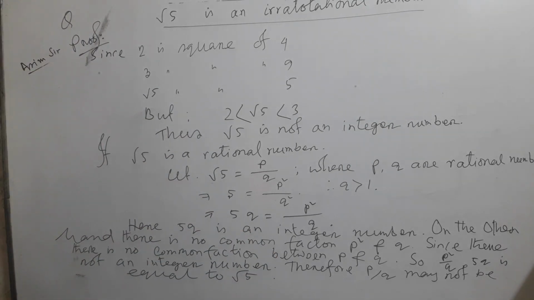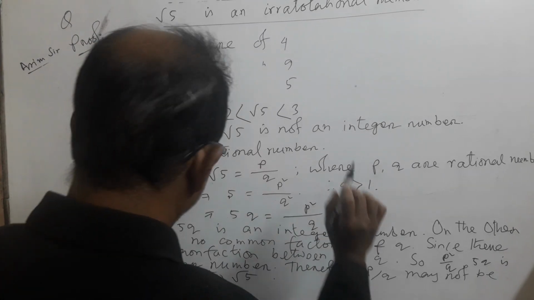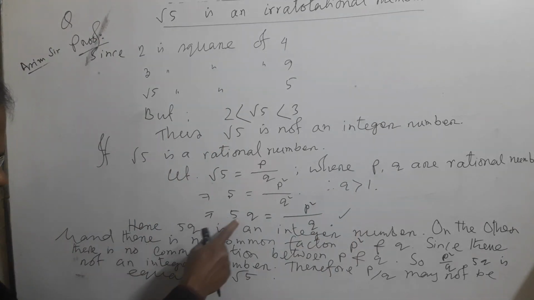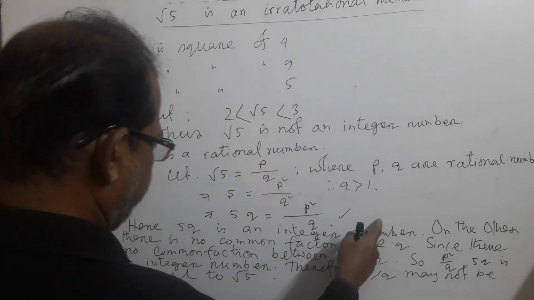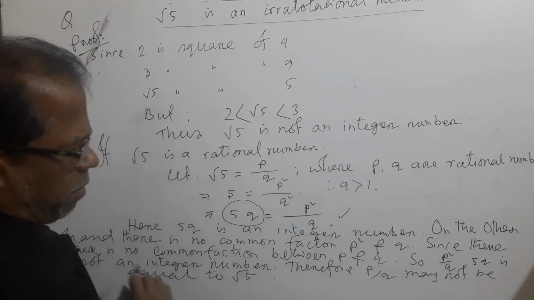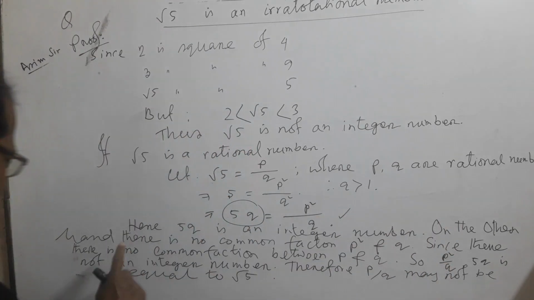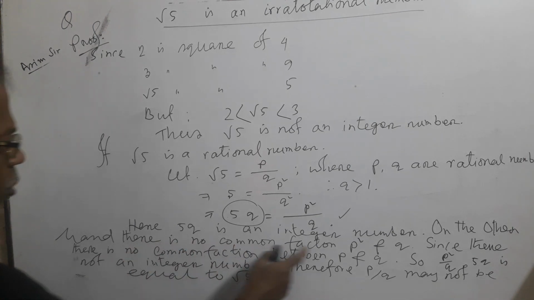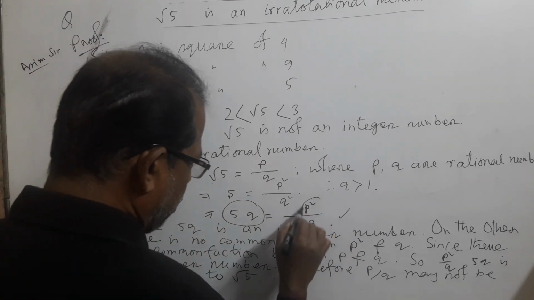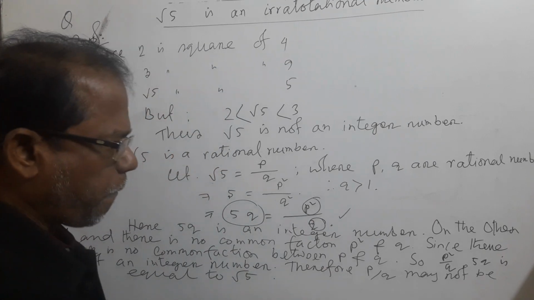So we have to repeat it. Here 5q is an integer number. On the other hand, there is no common factor between p square and q.